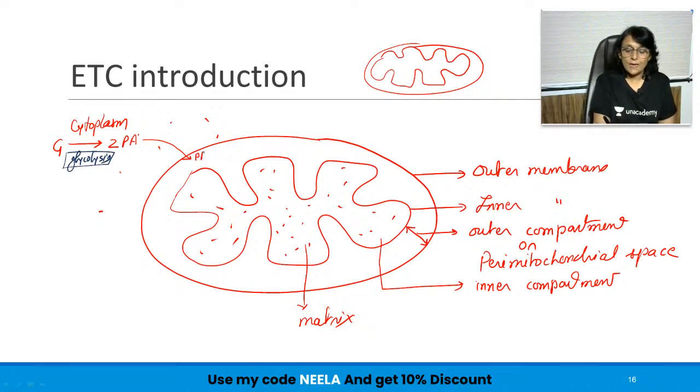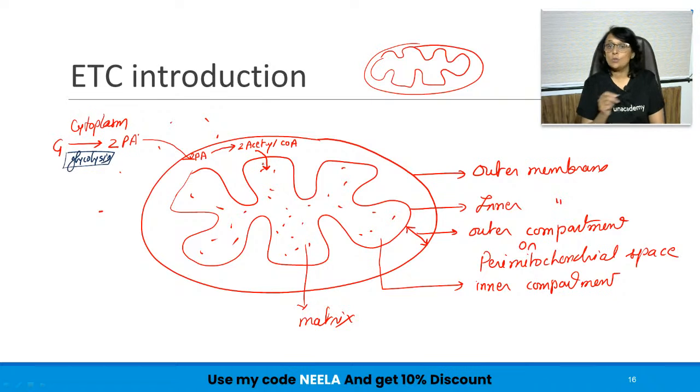The two pyruvic acid molecules change into 2 acetyl coenzyme A. These 2 acetyl coenzyme A enter into the matrix, and here they are accepted by oxaloacetic acid, and a cycle takes place here.